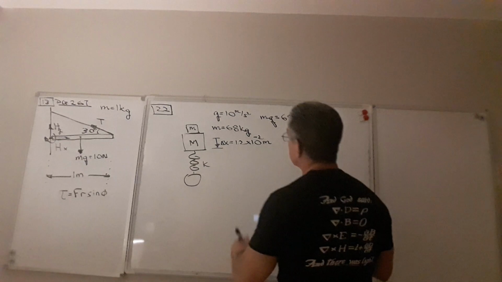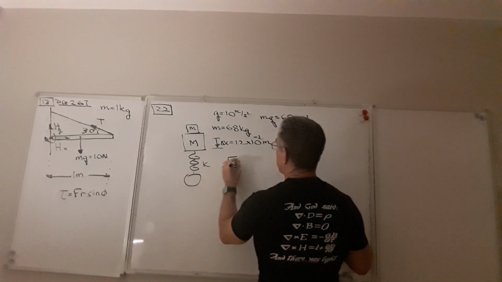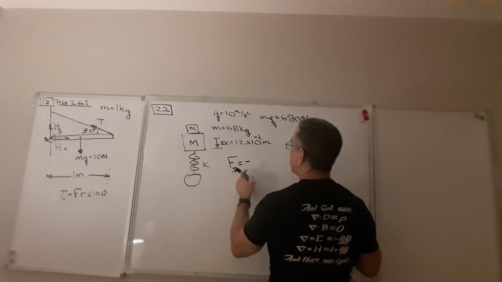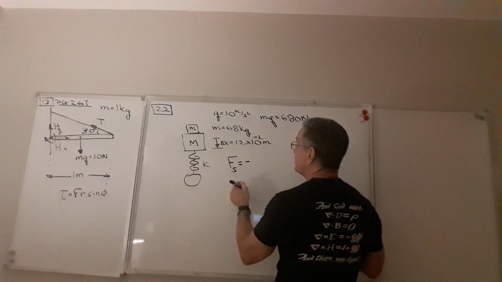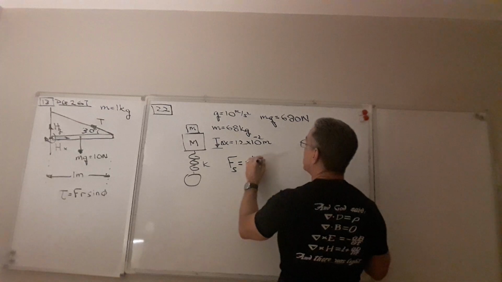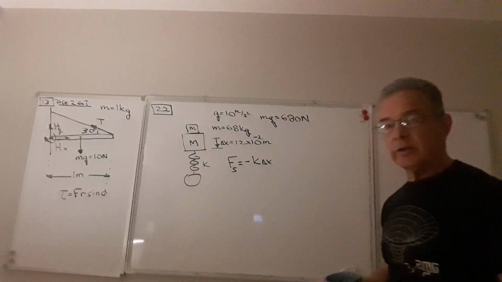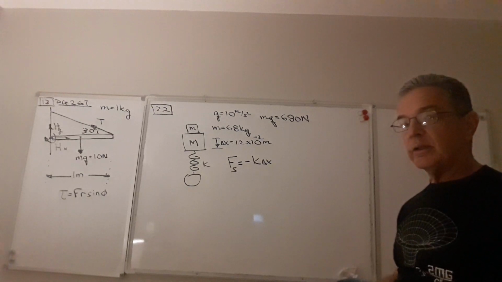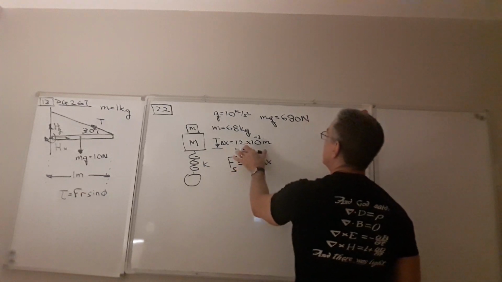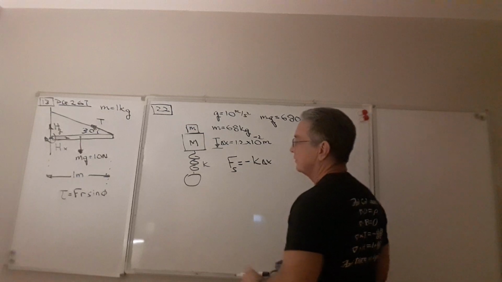So knowing that, we can use the spring force equation, which, remember, is the spring force, or the force exerted by a spring on an object, is equal to negative K, which is its spring constant, times the amount of compression caused by that force. So we already know the amount of compression due to that force, and we know the additional amount of force, right?